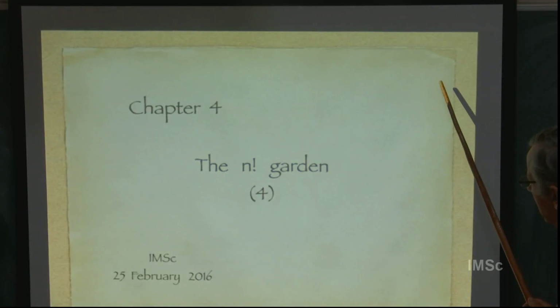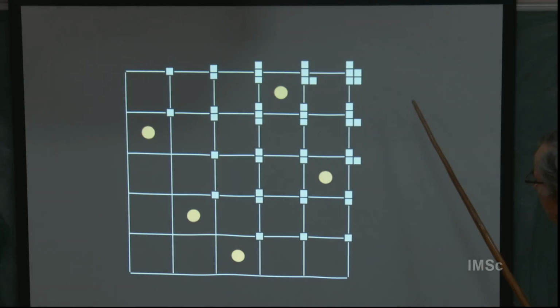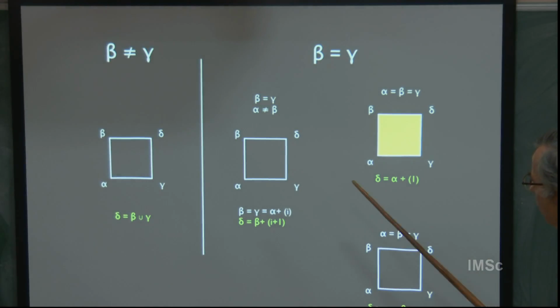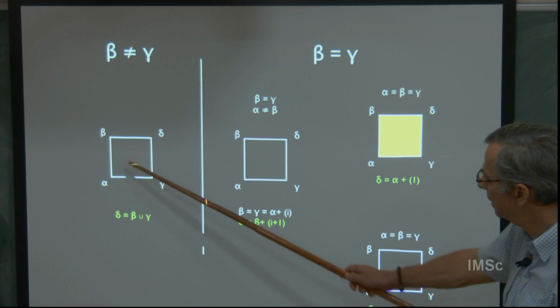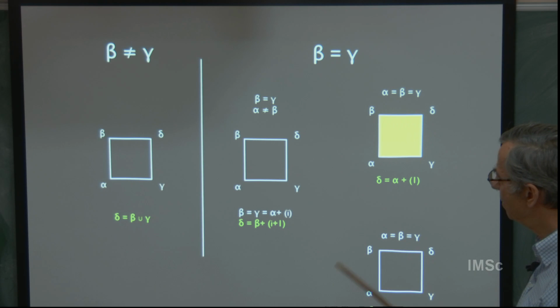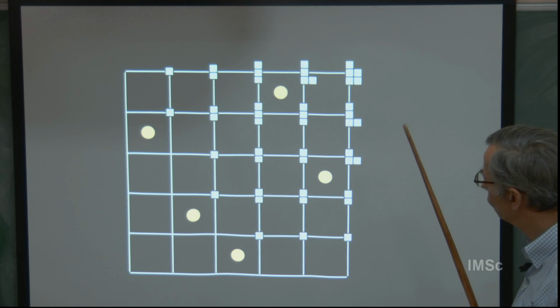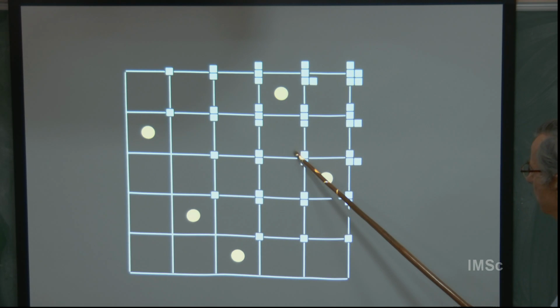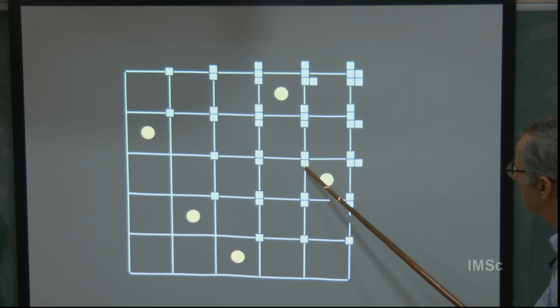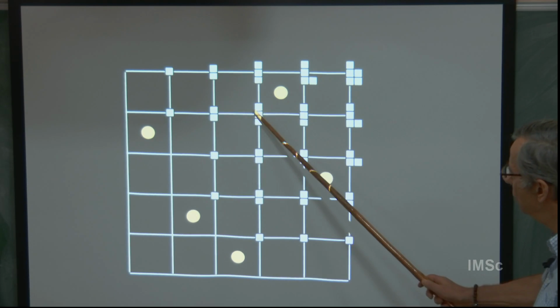Let's take another one. For example, if beta is the first case, beta is not equal to gamma, is different from gamma. So here, for example, they are different. Then the new cell is a union of the two.